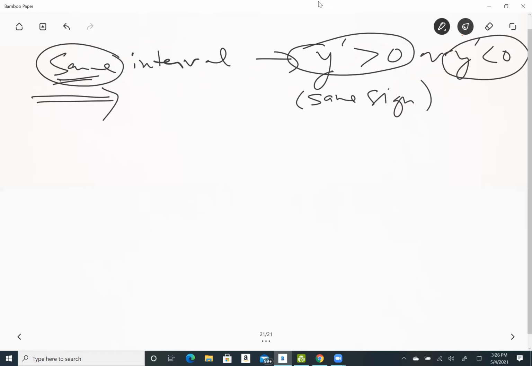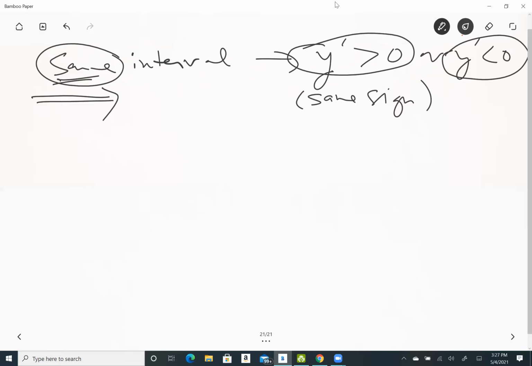So what we have learned is that we can break the curve into intervals based on y prime, and the basis of the interval will be y prime equal to 0. From there, you can break out the intervals.